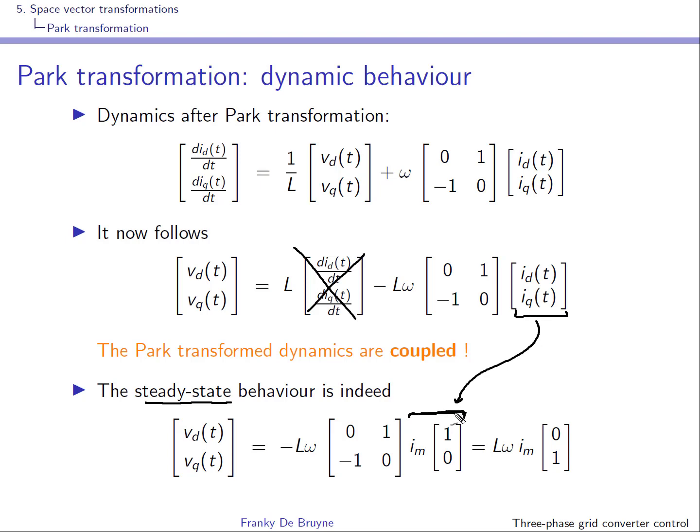So this means that the reference angle of the rotating frame is adjusted on the rotating current vector, and then we can compute what's happening, and you see that indeed you obtain what we had obtained previously. So the voltage is only oriented along the Q component, that is, there is no D component.